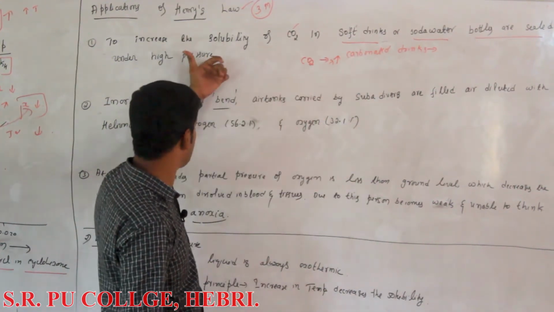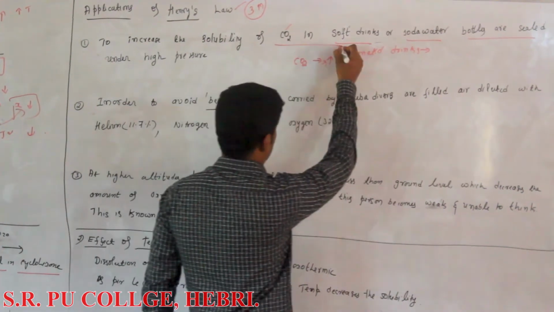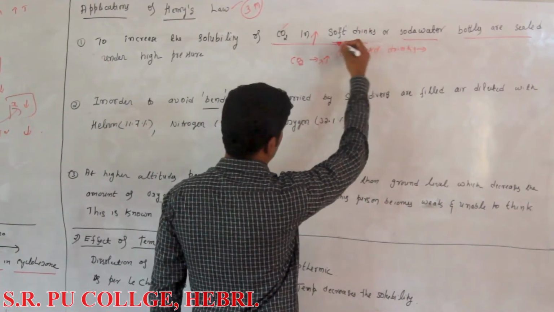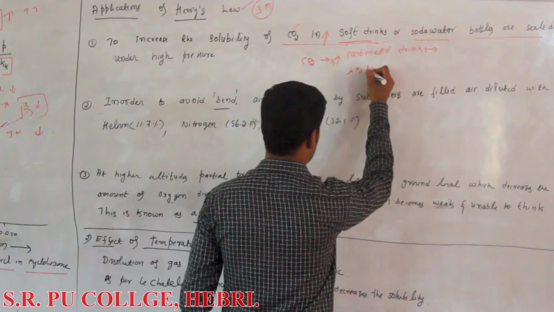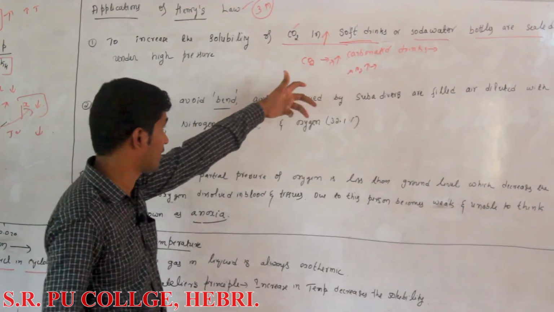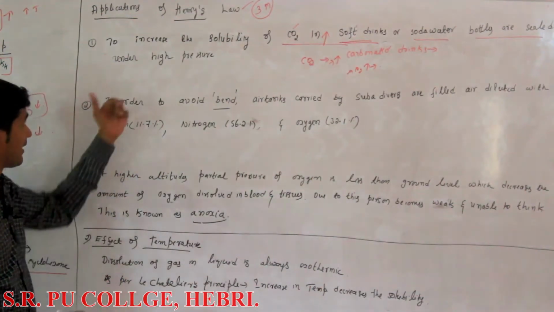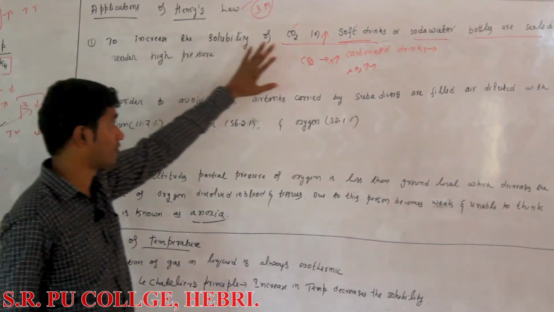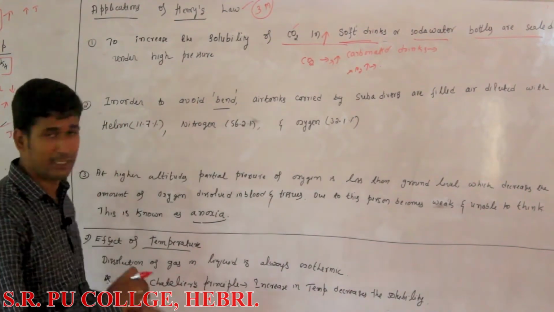After applying the pressure, the bottles are sealed under high pressure. When you open the bottles, soft drink bottles or soda water, suddenly CO2 gas comes out in the form of bubbles. That's why that soft drink or soda water fizzes out. So this is the first application: to increase the solubility of CO2 in soft drinks or in soda water, bottles are sealed under high pressure.